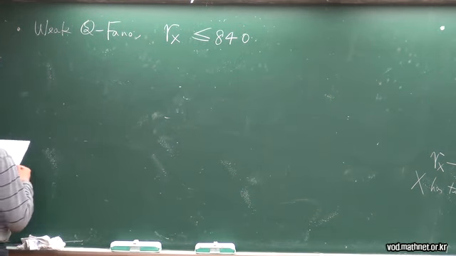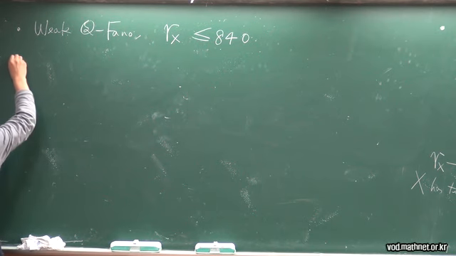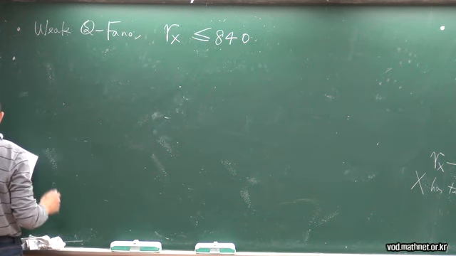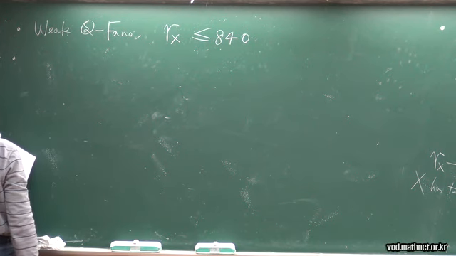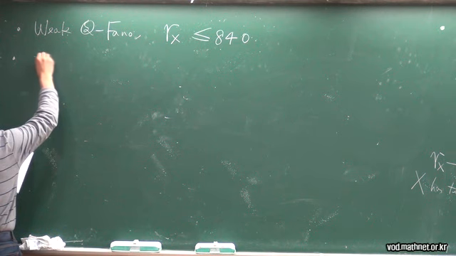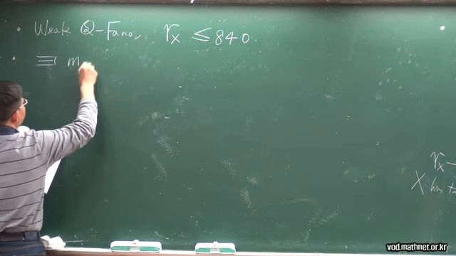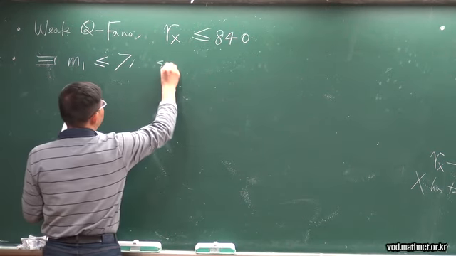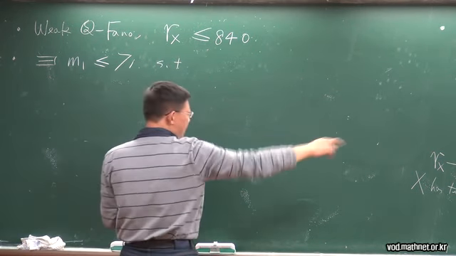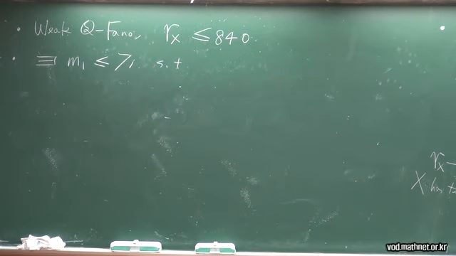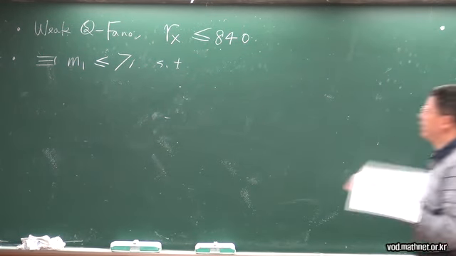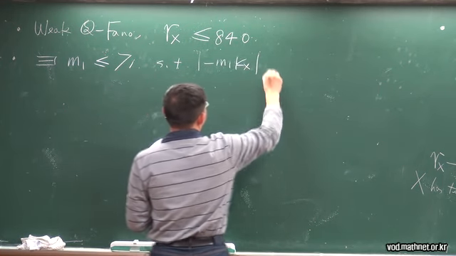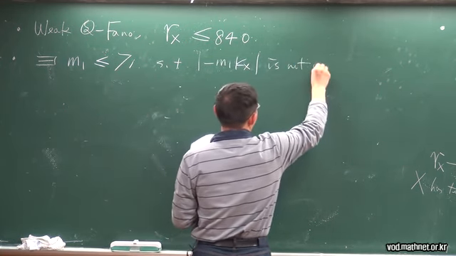The final result is that for this kind of threefold, we can always prove that there exists M1 smaller than 71, so that the condition of this lemma is true. Therefore, minus M1 Kx is not a pencil.